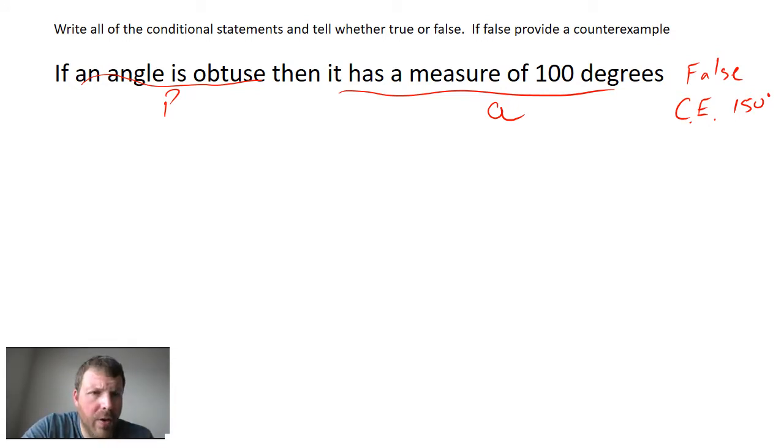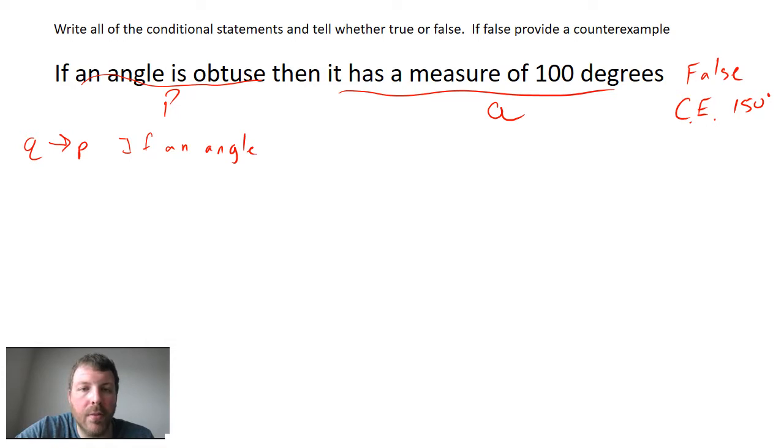If you remember, the converse is Q implies P. So we don't want to say if it, we want to say what it is, an angle. So we want to say if an angle, because we're moving that, remember? We're taking this conclusion and moving it where the hypothesis is.